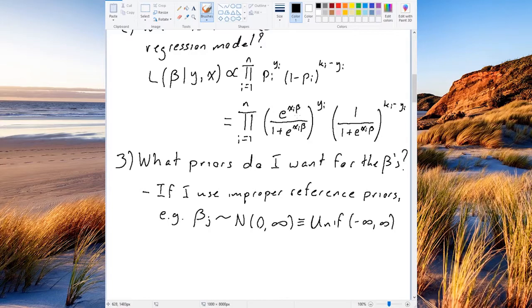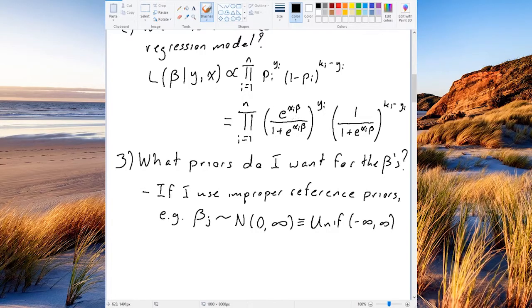If x beta is about 1, then I've got e to the 1, so I've got e over 1 plus e. e is close enough to 3 that we can say that that's about 3/4. And if I've got x beta negative 1, then this whole term up here is going to turn into 1 over e over 1 plus 1 over e.